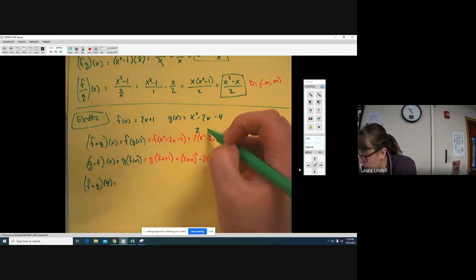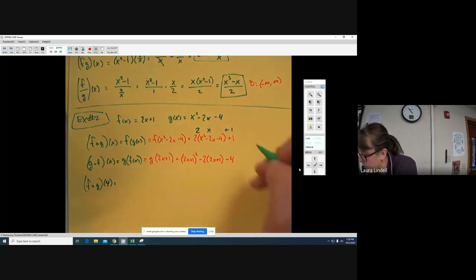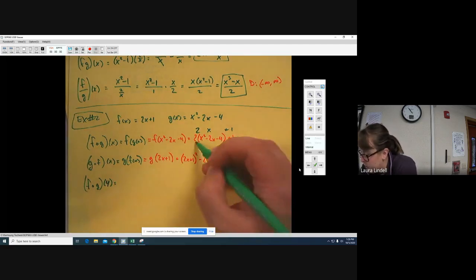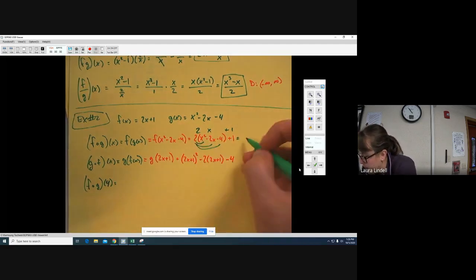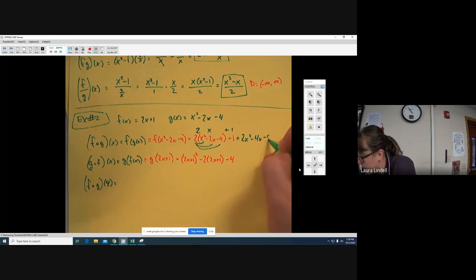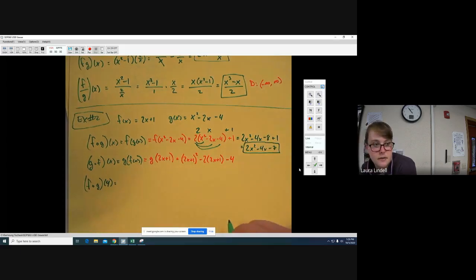That's like our 2x plus 1. So then we distribute to all of these, and we get 2x squared minus 4x minus 8, and then plus 1. So overall, 2x squared minus 4x minus 7 would be f of g of x.